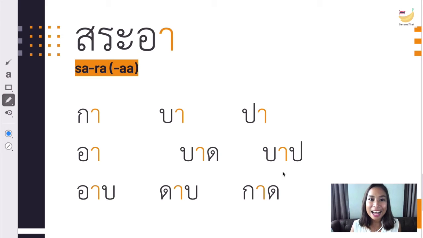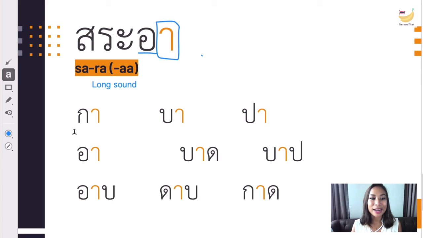So now come to another vowel of this lesson, สระอา. As I mentioned in the previous slide, this is สระอา with long sound. It's a long vowel sound, and it's also positioned behind the initial consonant, so it's behind the initial consonant. So this one is pronounced กอไก่ plus สระอา, this one is กา, this one is บา.